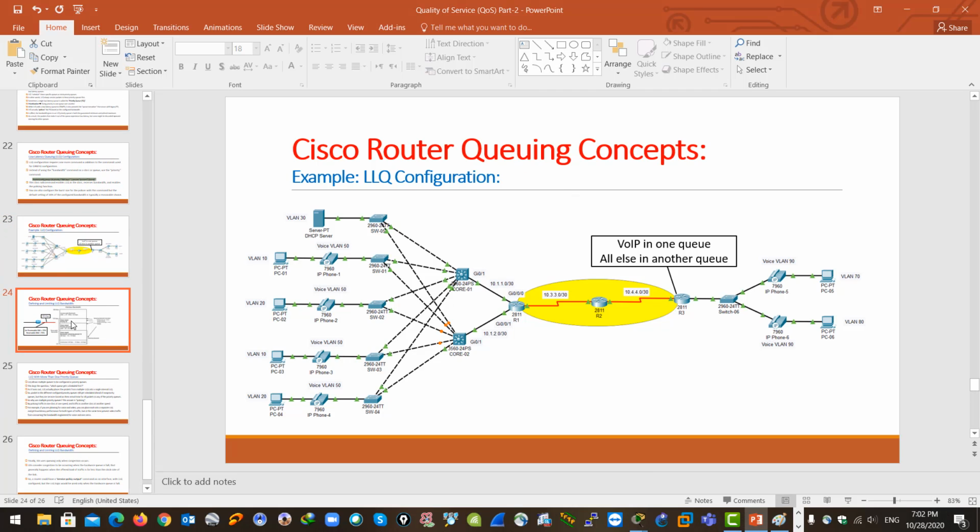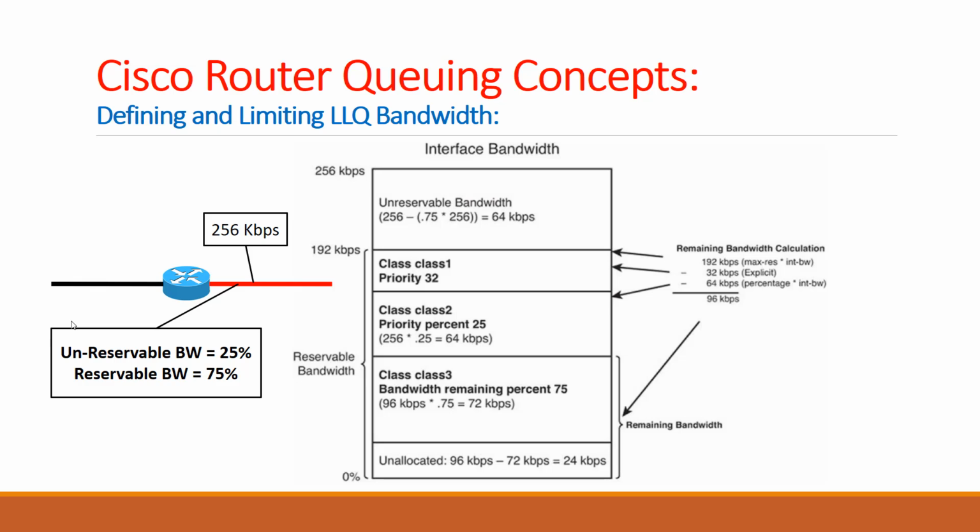Last thing we want to discuss here: how LLQ reserves bandwidth. If the interface bandwidth is 256 kilobit per second, let's say we have a router here, and this link has bandwidth 256 kilobit per second, and you defined 3 queues or 3 classes, class 1, class 2, and class 3.